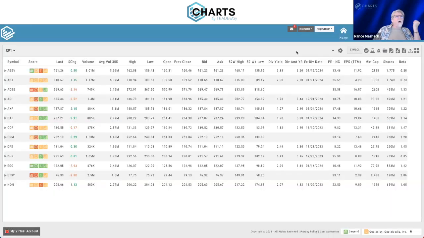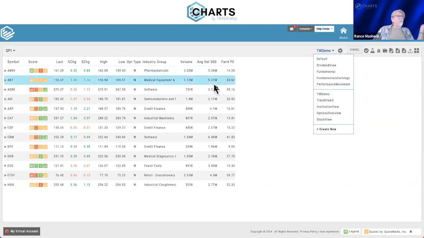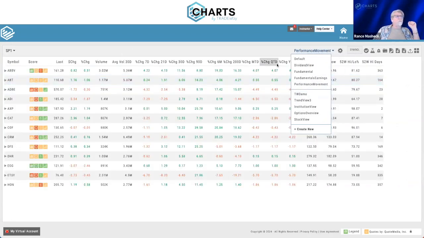Now, just for you to know, we have some system views in here. What you'll see up on top here are the system views, and down below are your own personal views, however you want to look at that. So, for example, if I go here to performance, you'll see it looks at the 7-day, 21-day, 39-day, 6-month, 200-day, and so on.